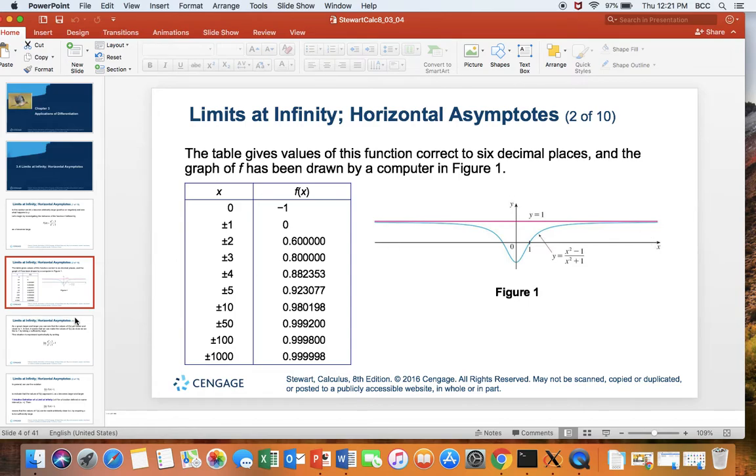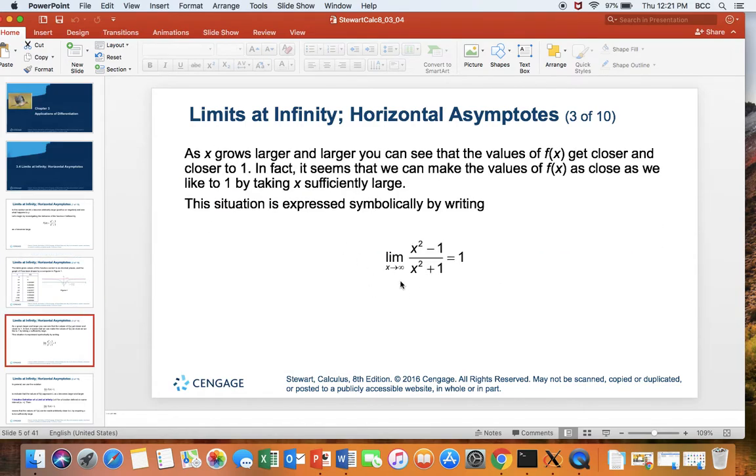All right. So what can we say? Limit as x approaches positive infinity, you get 1. As x grows larger and larger, you see that the values of f(x) get closer and closer to 1. In fact, it seems that we can make the values of f(x) as close as we like to 1 by taking x sufficiently large.